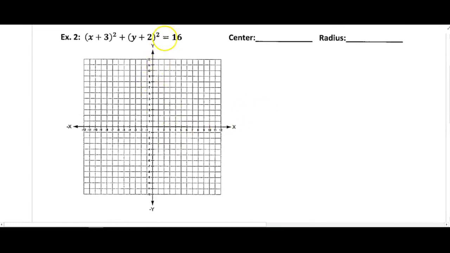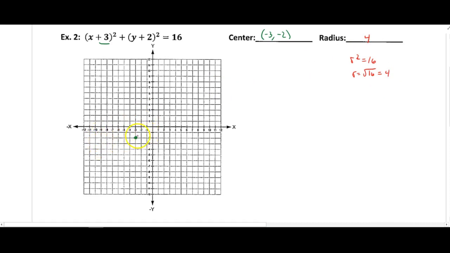So in this example, my center right away is going to be at the opposite of 3, which is -3. And then if it's y plus 2, it's going to be -2. So I can go ahead and plot that center. Now again, the radius squared is 16, and the radius is the square root of 16, which is 4.